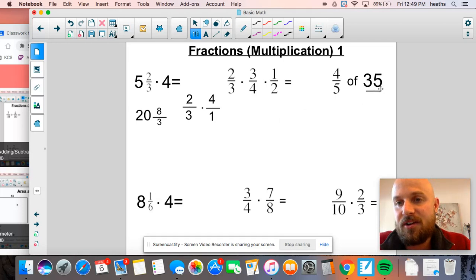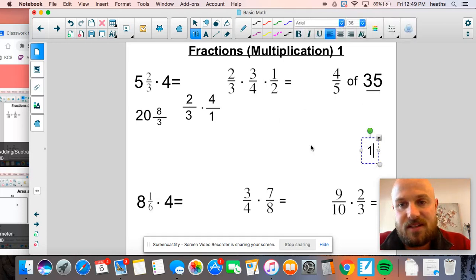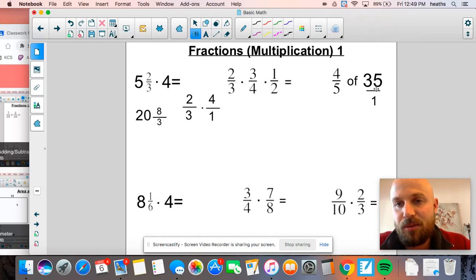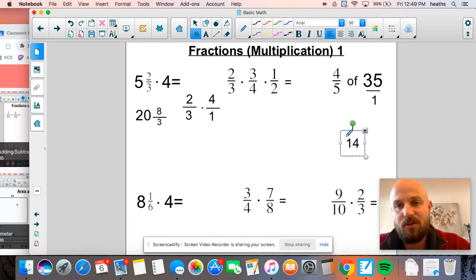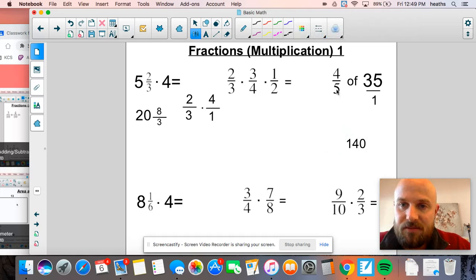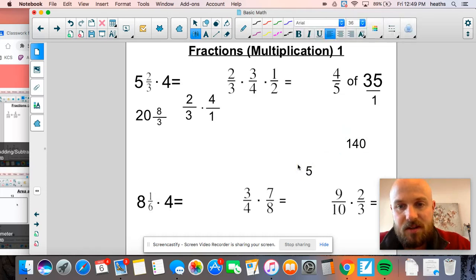Because that 35 is not a fraction, we can easily turn it into a fraction by putting it over 1. Now we just multiply your top numbers. 4 times 35 is 140, and 5 times 1 is 5.